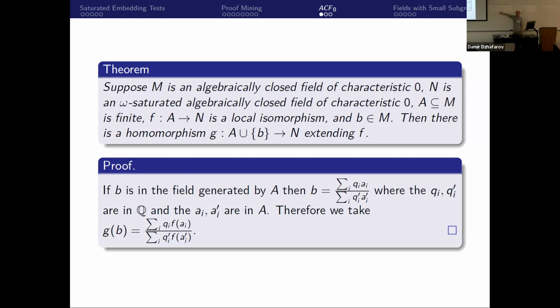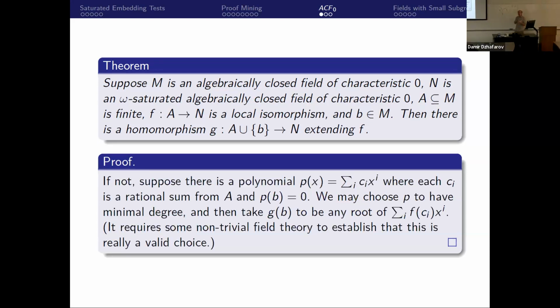So if a is equal to some ratio of this kind, that tells you exactly what you have to map it to: the same thing. And you can do that because the properties of this element are determined by the things we spoke about. Okay. The second case: we might not be in the field generated by these elements, but we might be in the algebraically closed field generated by these elements.